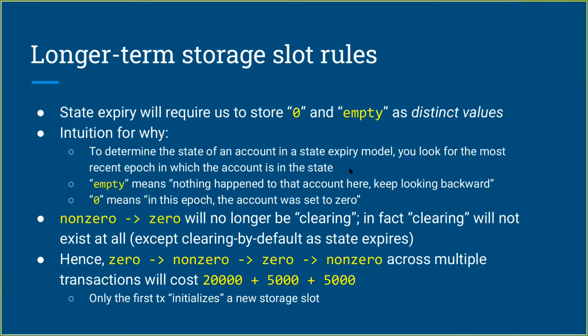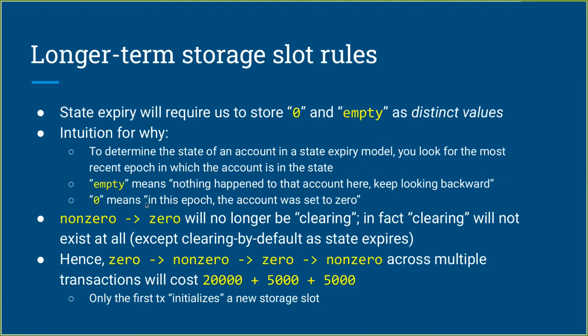So either the account is in the current state tree or it is in some expired region. You have to start with the most recent one and walk backwards. Now, a storage slot being empty basically means nothing happened here, so you have to keep looking backwards.